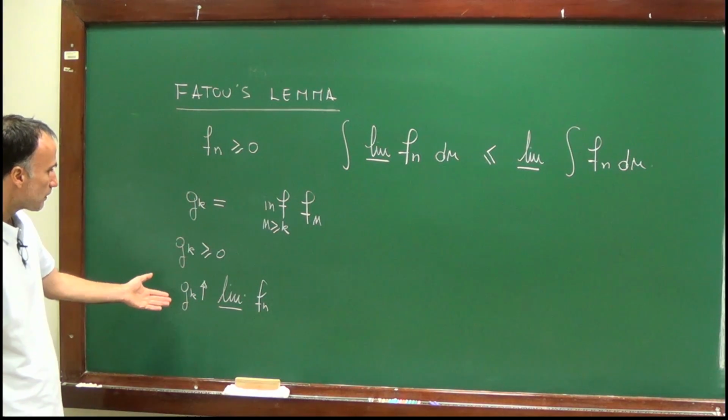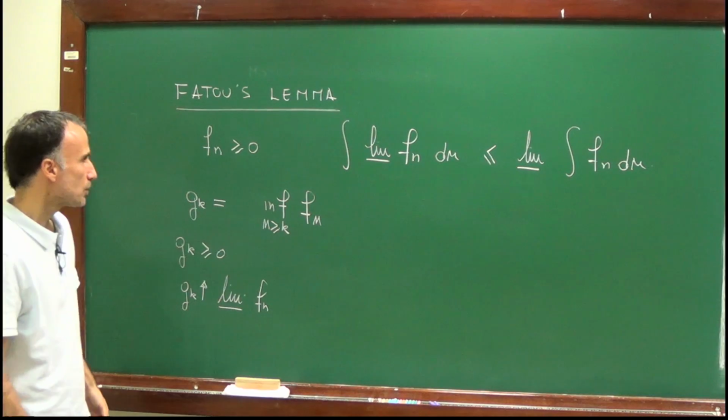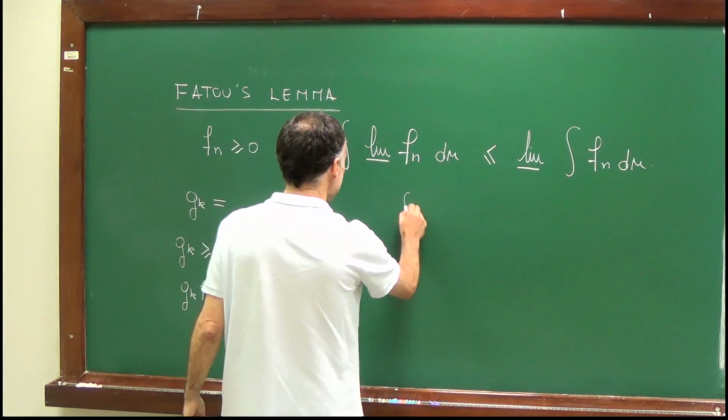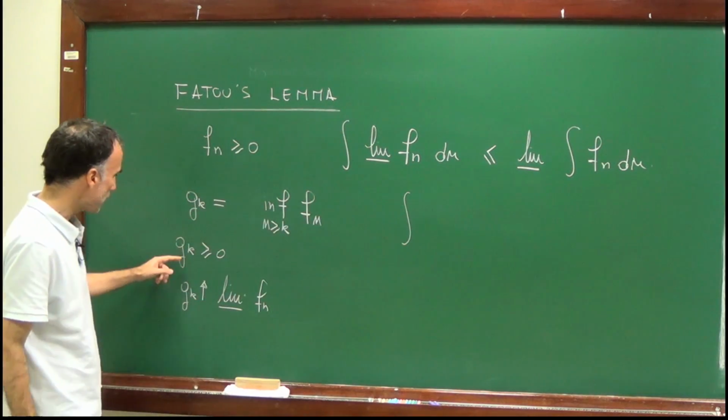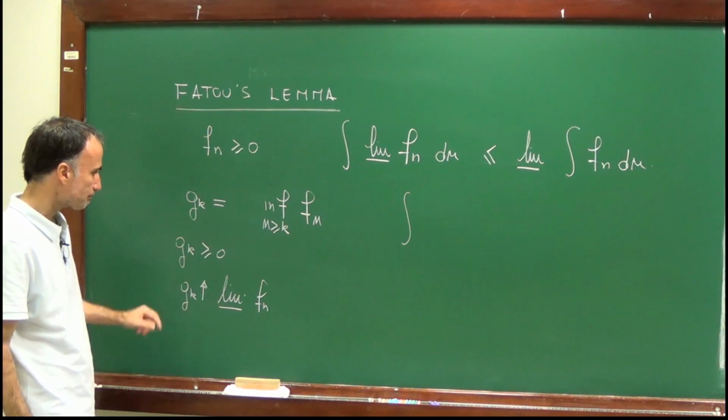So what does the monotone convergence theorem tell us? Well, it tells us that we have here a sequence gk.